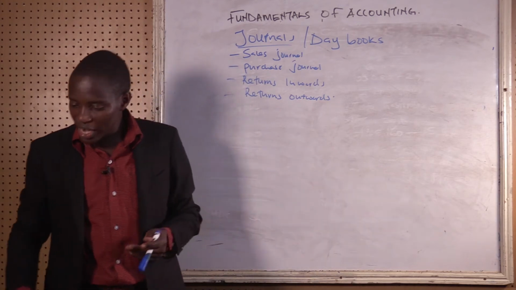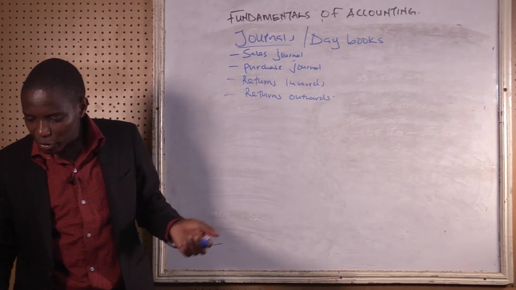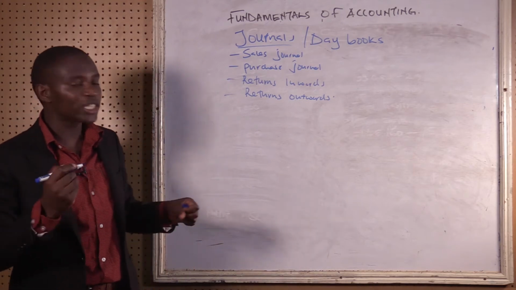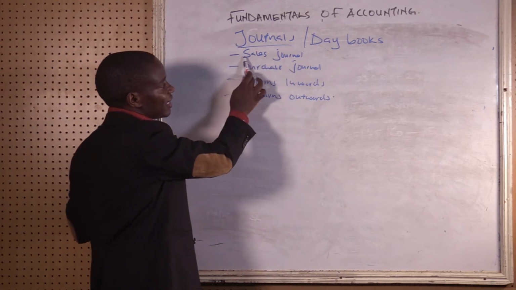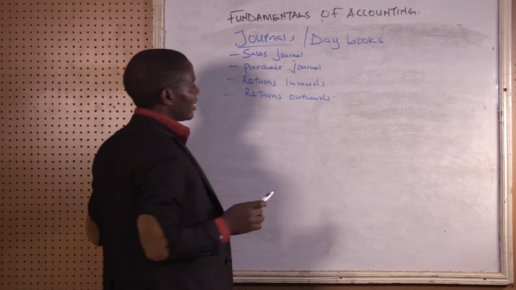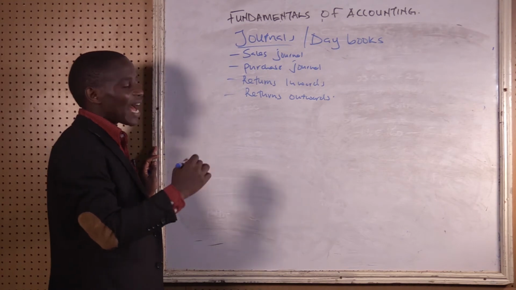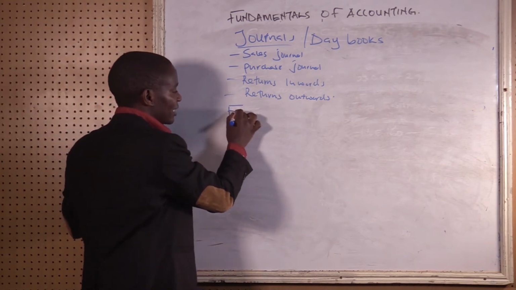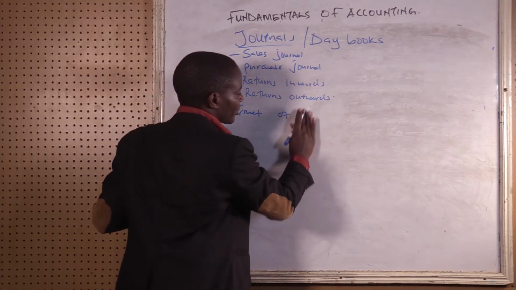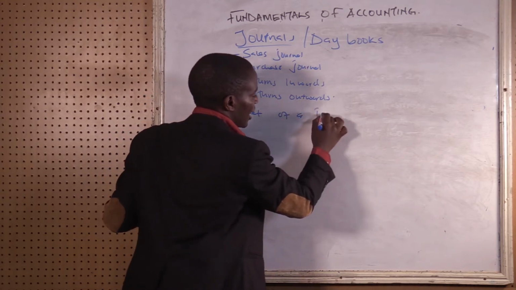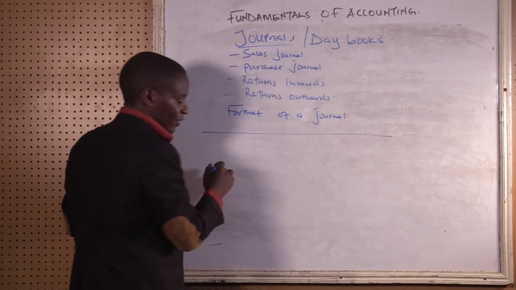So let's have an example of how a journal looks, regardless of whether it is a sales journal, a purchases journal, or a returns outwards journal. A journal usually has the following format.